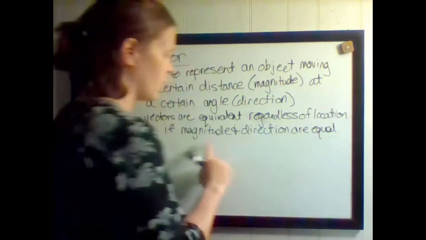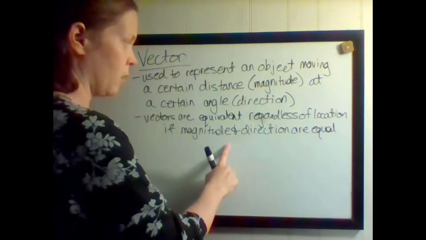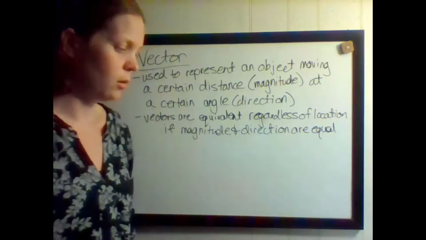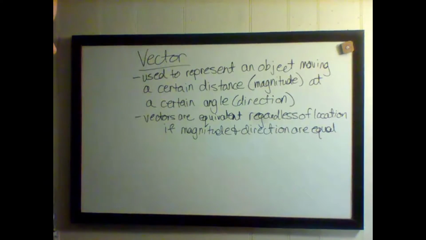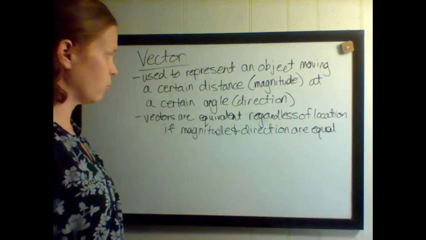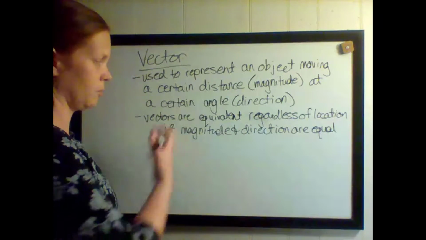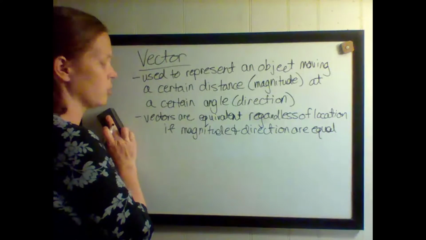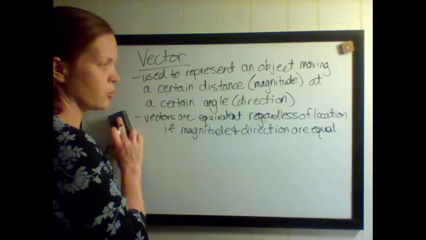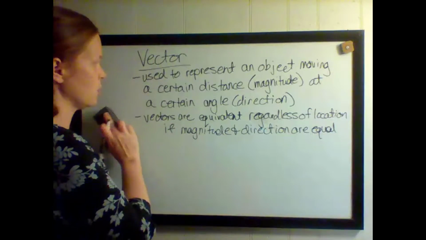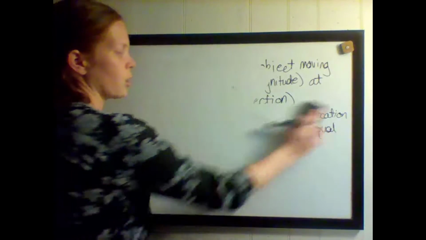So if they have the same magnitude, or distance, or length, and they go at the same angle, then they're called equivalent vectors. Okay, so we're going to do an example to show how this is true, where they're in different locations but have the same distance and direction.